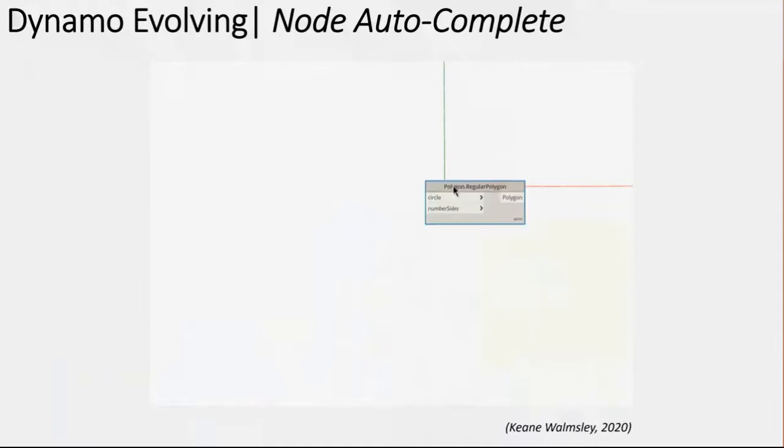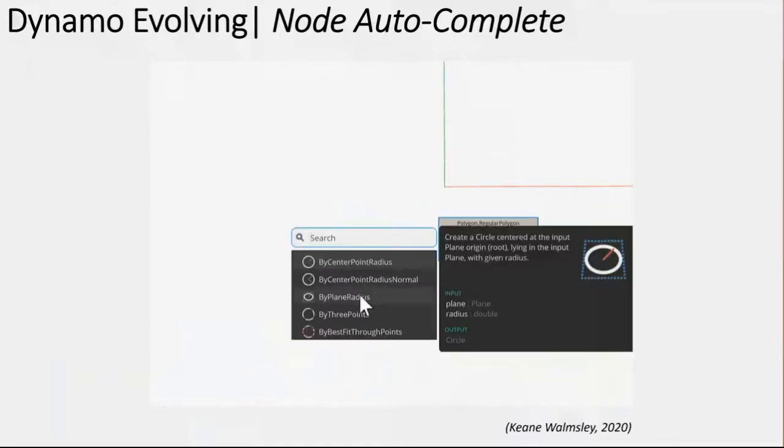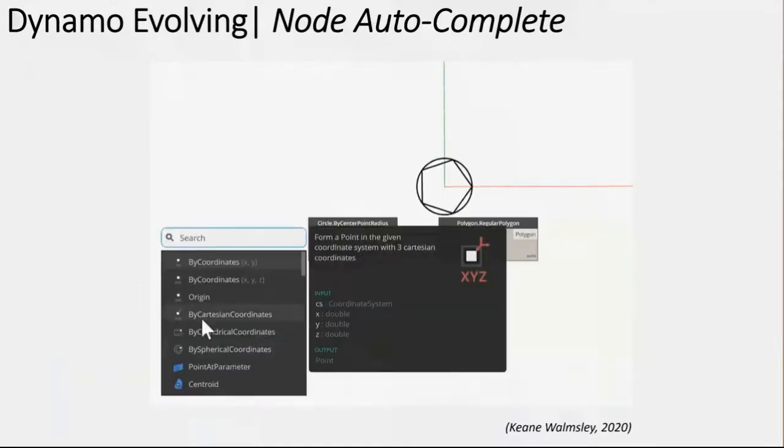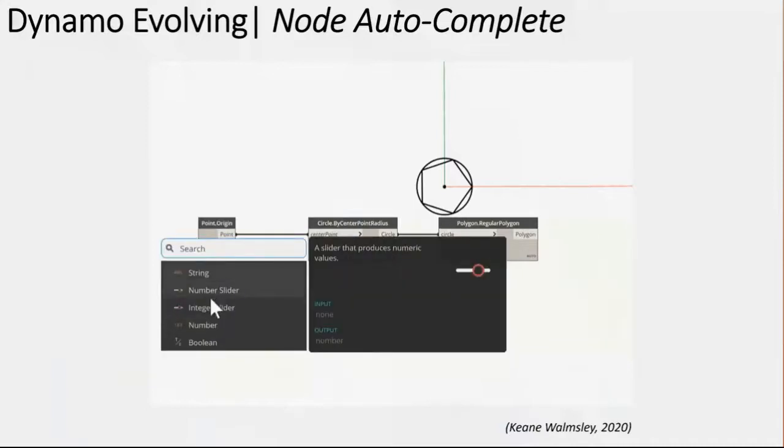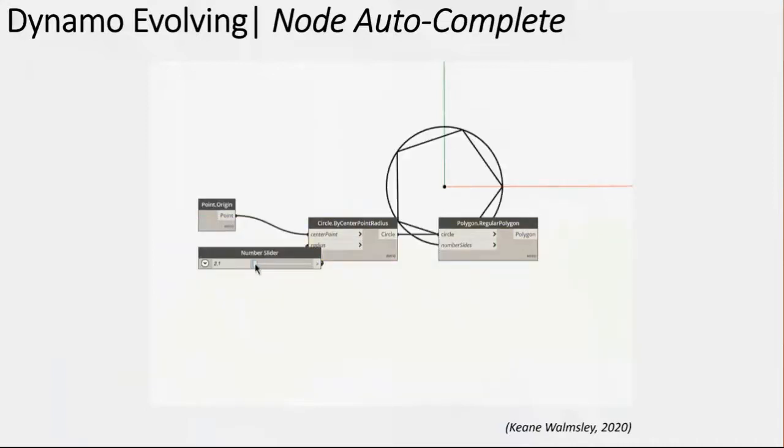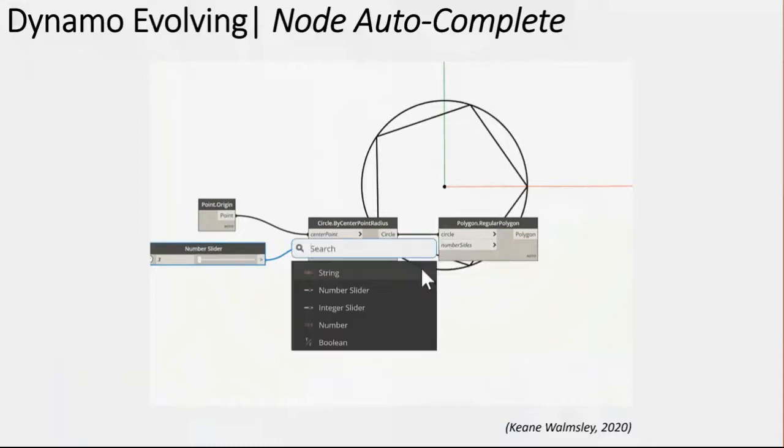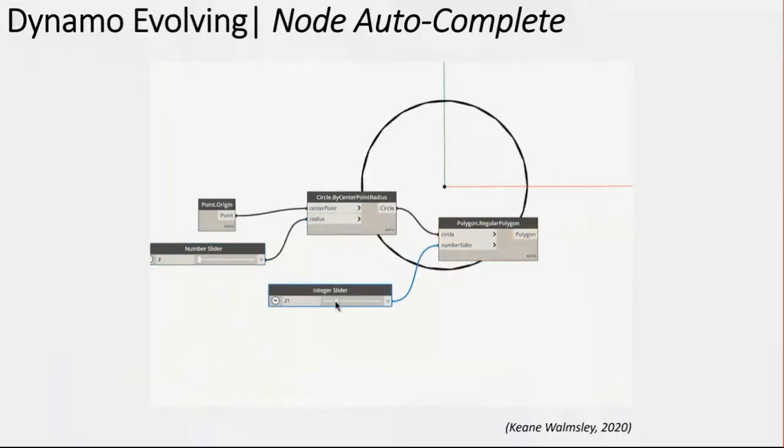Now, the last thing that I wanted to show you was this node Autocomplete, because this is something that represents a paradigm shift in the way we work in Dynamo. But the idea is that if you understand your end output, you understand what you want to make.